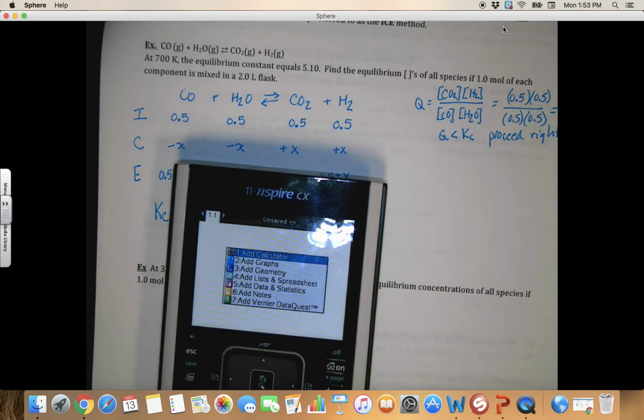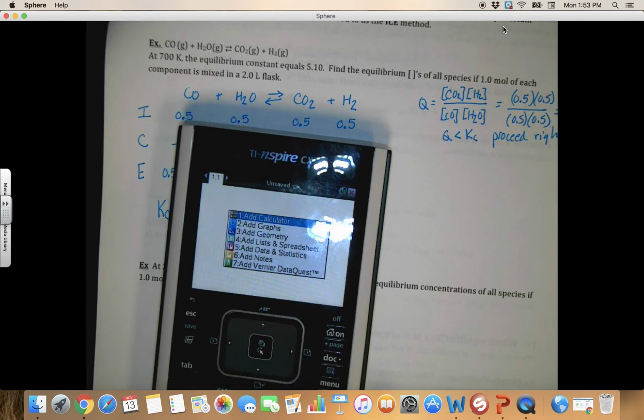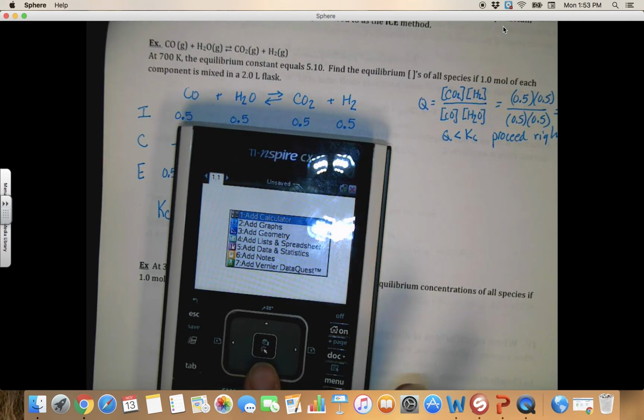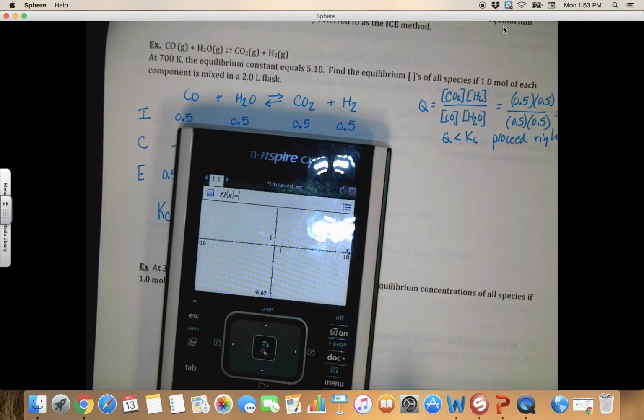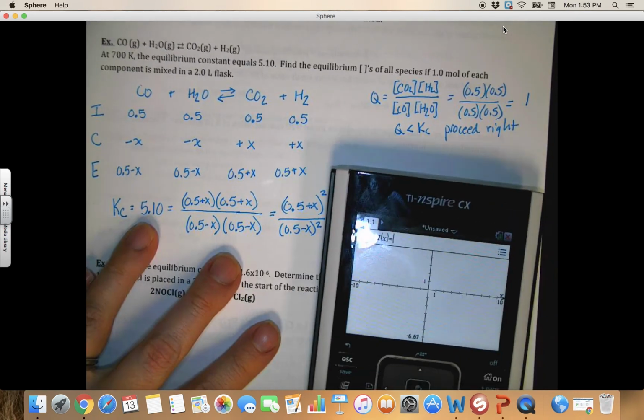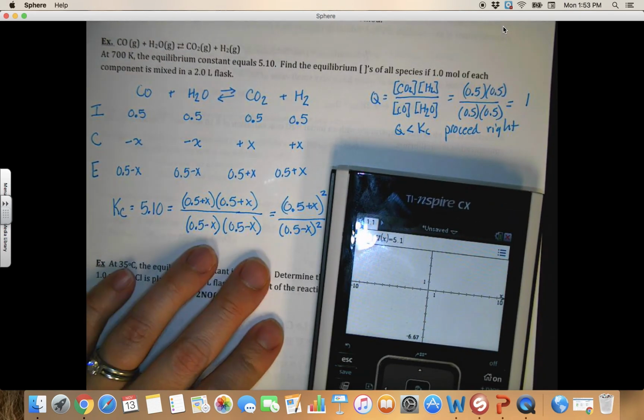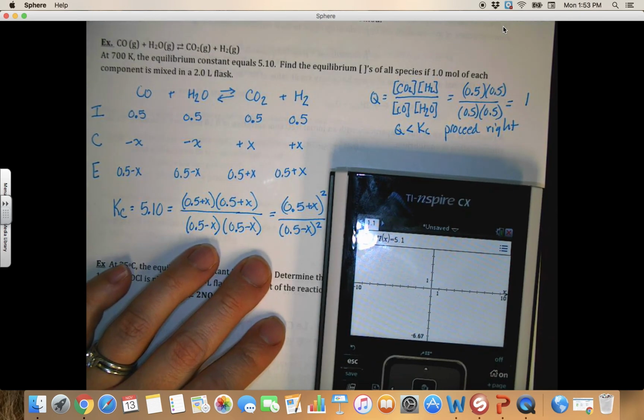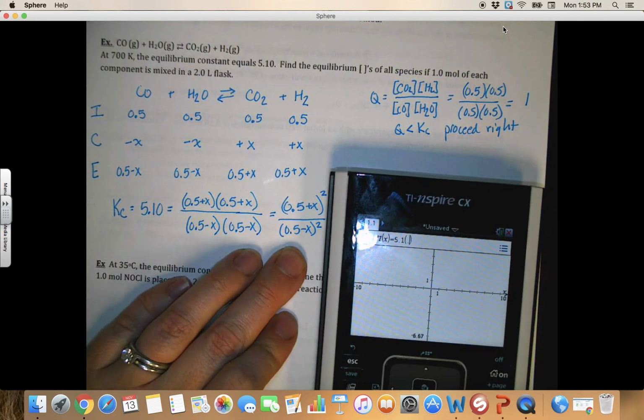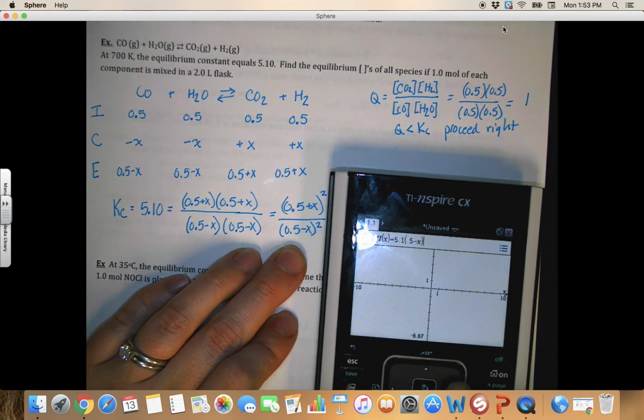So I'm going to do this on my Inspire. Add graphs, and f of x equals, I'm going to say 5.1, I'm going to rearrange that initial equation, 5.1 times 0.5 minus x squared. So that'll be my first equation.